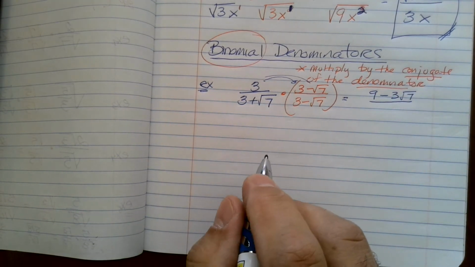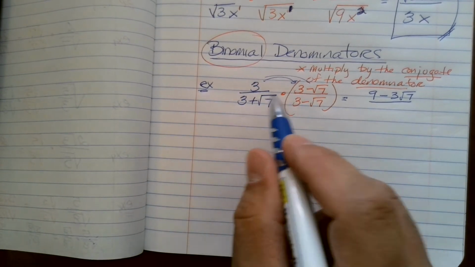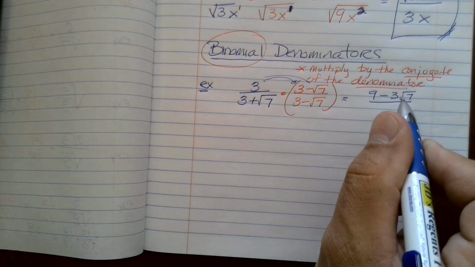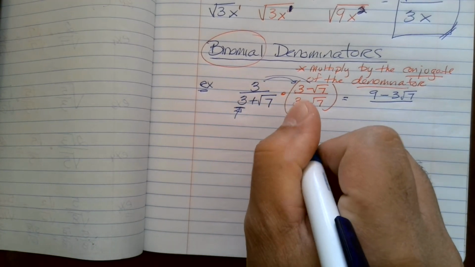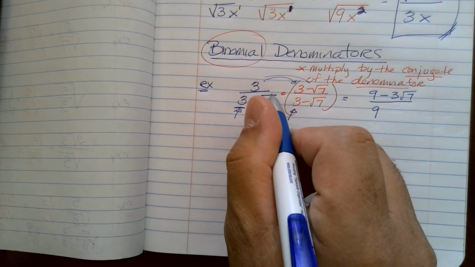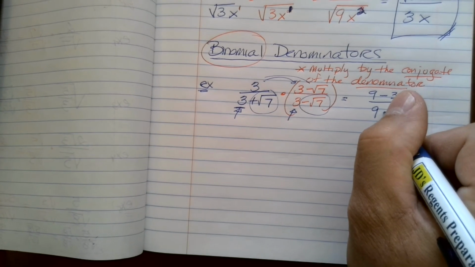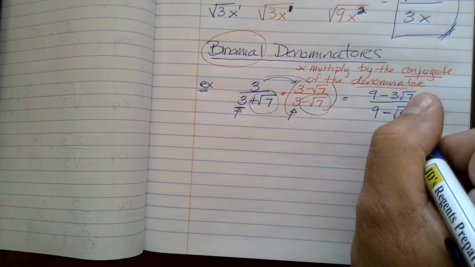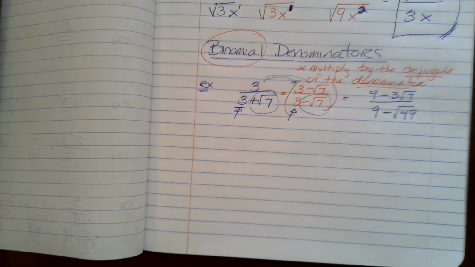On the bottom, since these are conjugates, you could FOIL this all out, right? We could distribute all over the place. But since we know they're conjugates, we just need to multiply the first with the first, which is 9, and the last with the last, which will give me the subtraction of 49, the square root of 49 there.